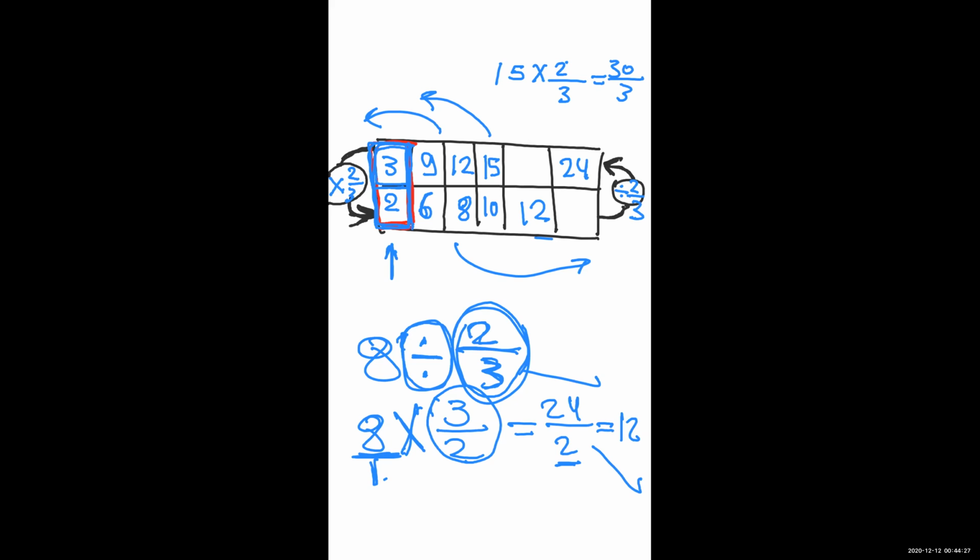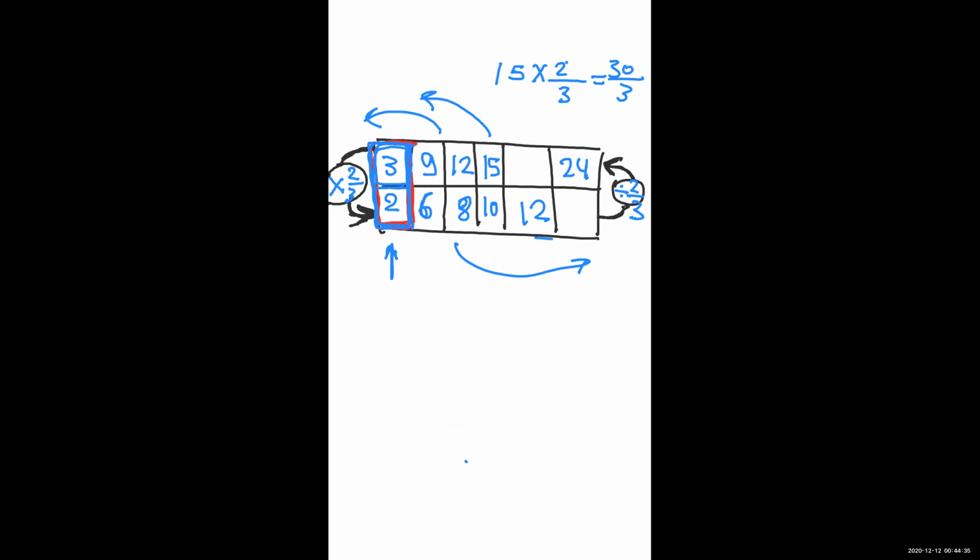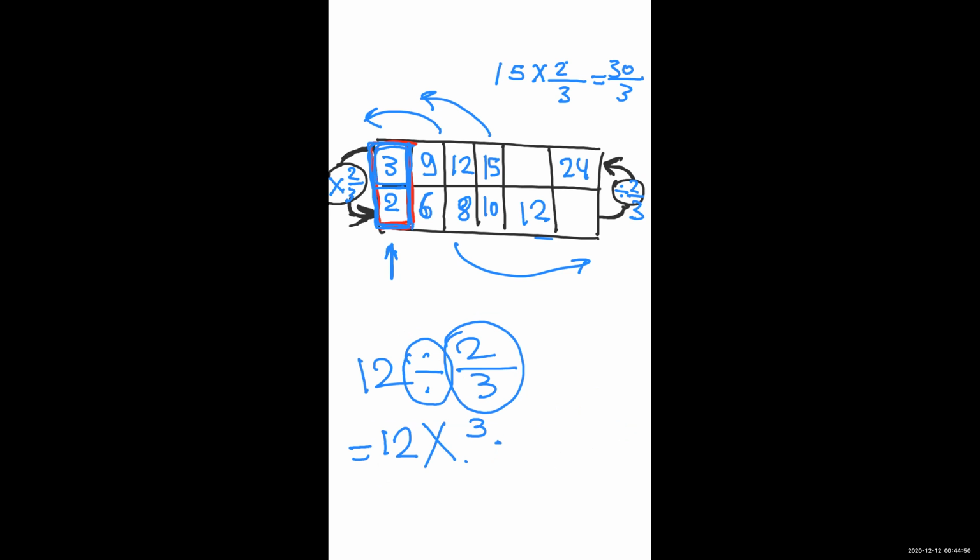Okay, again, the division. So let me clear this part on the board. It's 12 divided by 2 over 3. Then convert from division into multiplication and flip the number, 3 over 2.